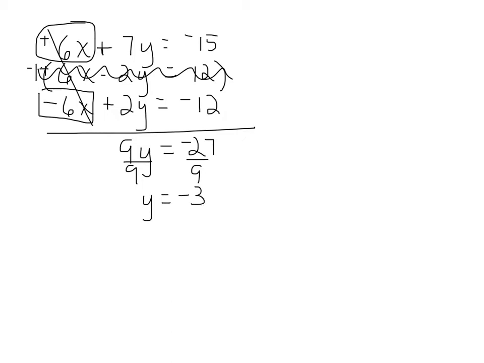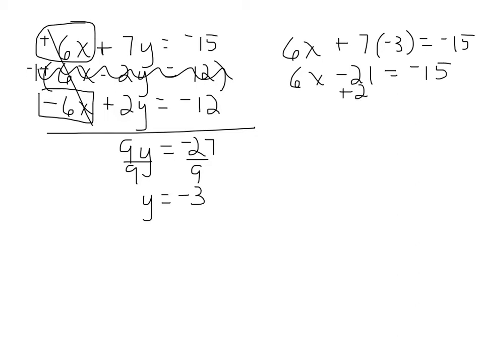Of course, we're not finished until we plug it in. So if I say 6x plus 7 times negative 3 is equal to negative 15, I know that 6x minus 21 is equal to negative 15.